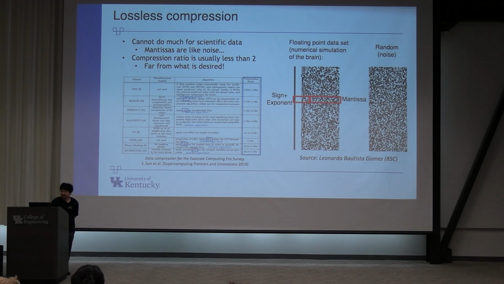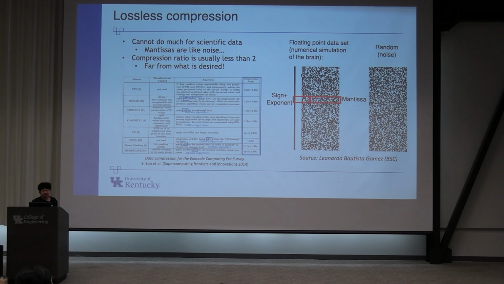So when we talk about compression, one of the direct ideas is just to leverage lossless compression, which is widely used in many applications such as databases. However, one of the problems of traditional lossless compression is that it cannot do much for scientific data, which is usually in floating point format. The right figure shows a typical visualization of scientific data in floating point representation.